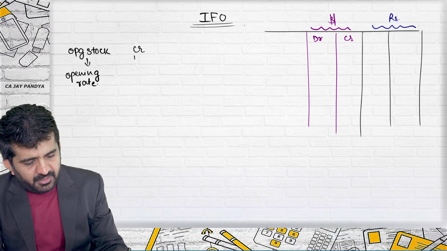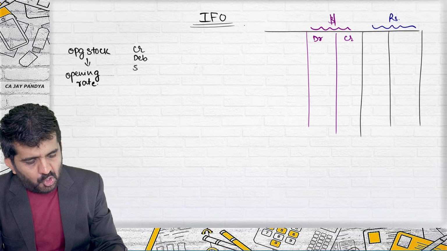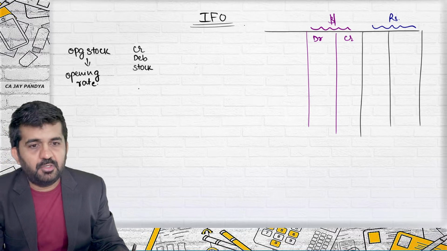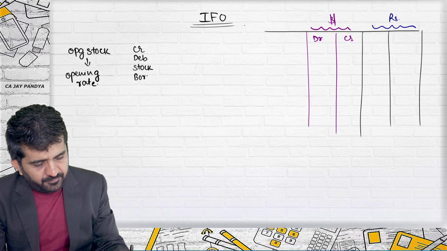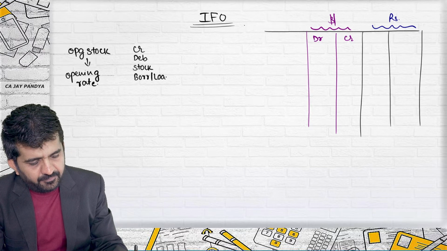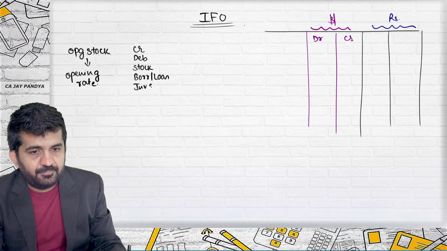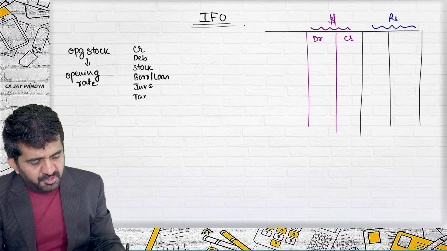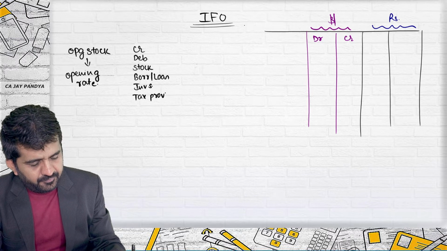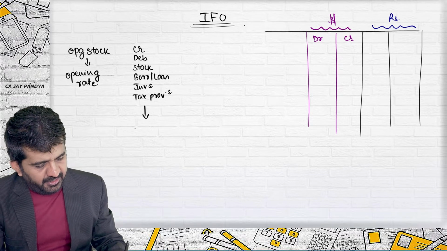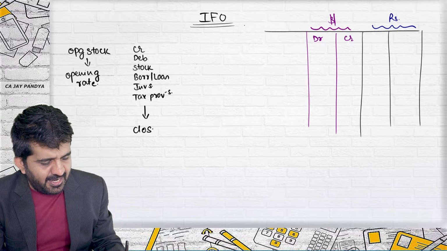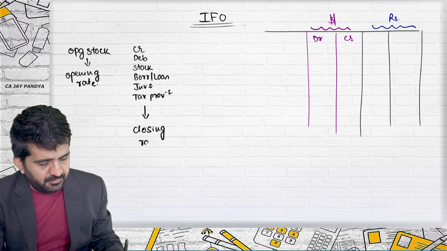Creditors, debtors, closing stock, borrowings or loans, investment, tax provisions. At which rate will they be recorded? They will be recorded at closing rate.